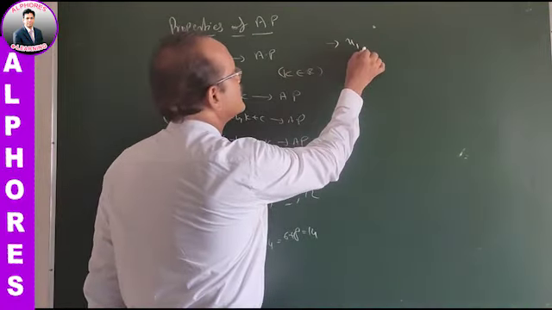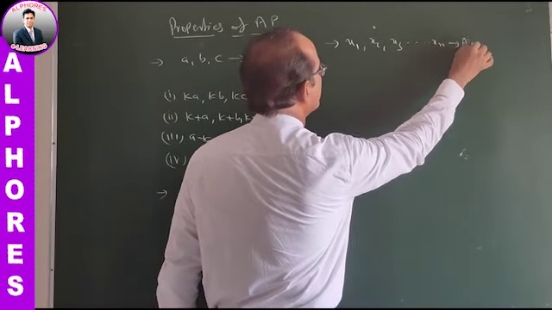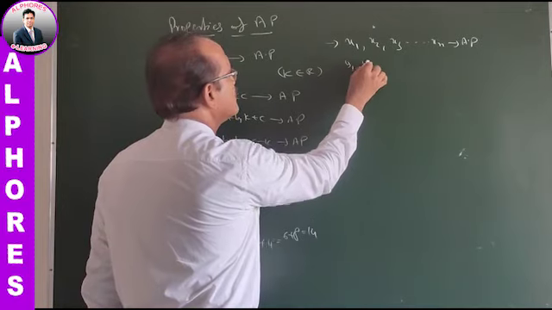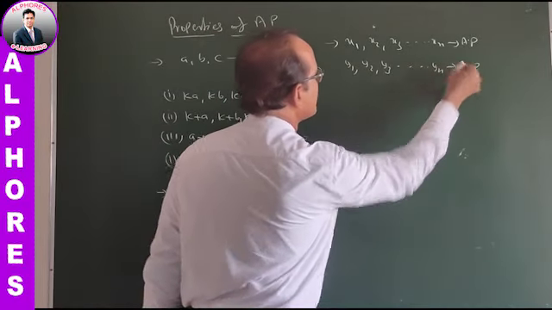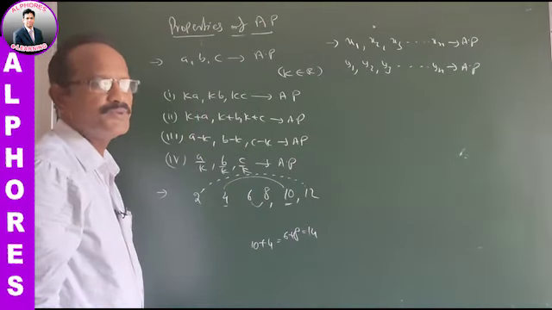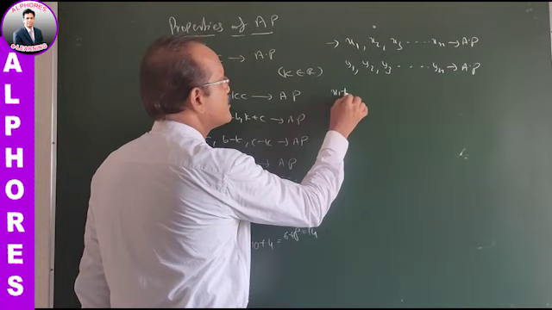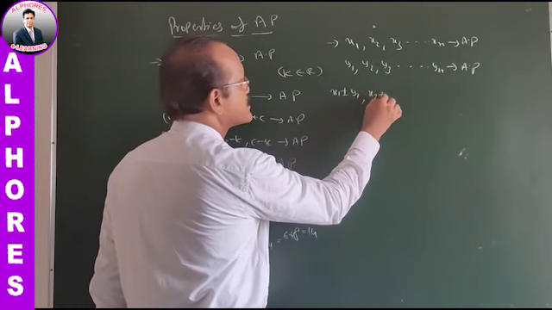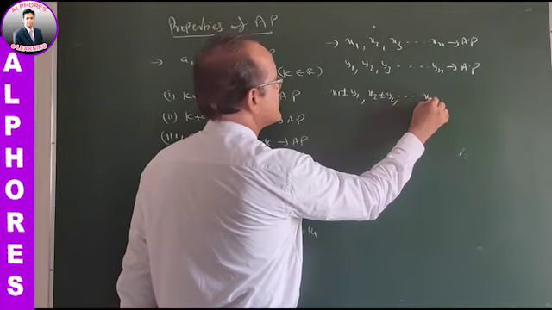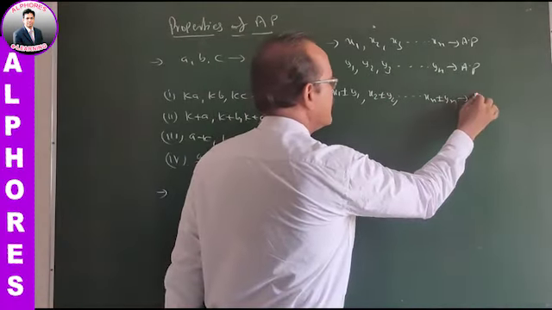Suppose x1, x2, x3, etc., xn is an AP, and y1, y2, y3, etc., yn is also in AP, two finite APs, then x1 plus or minus y1, x2 plus or minus y2, etc., xn plus or minus yn are also in AP.